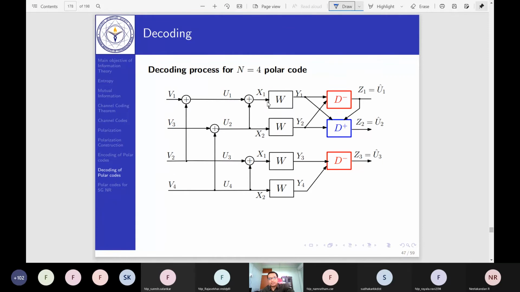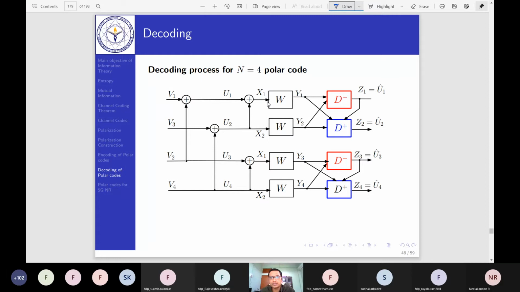D plus is used to decode this bit U2. U2 hat is obtained like this. Note that the previously decoded bit is also used as an input here. Similarly, we also use D plus to obtain this U4 hat.